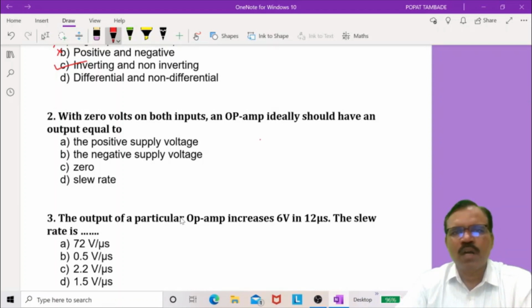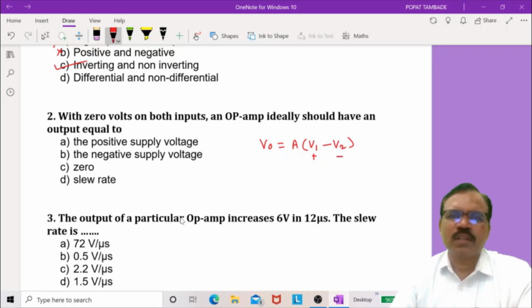Now we know the output of an operational amplifier is A times (V1 minus V2). V1 is at the non-inverting terminal and V2 is at the inverting terminal. So the difference of input voltages is amplified. If V1 and V2 are 0, then you will get 0 output.